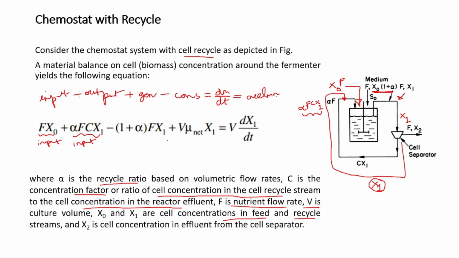And if you multiply it with the 1 plus alpha into Fx1, so what is this? This is actually the output. 1 plus alpha together is a ratio, and you multiply it by the feed flow rate, and x1 is the biomass concentration in the output stream, plus V mu net x1.